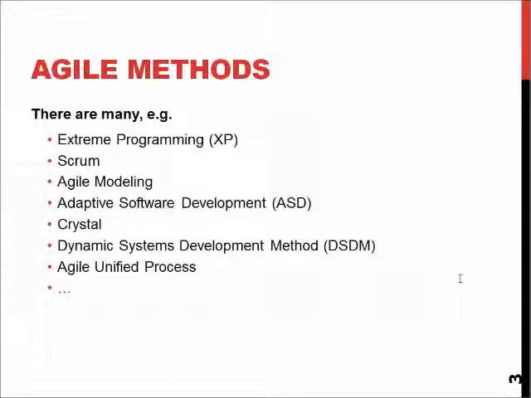Overall, the agile methods are methods that are constructed purely on agile thinking or agile practices. There are several of them. Extreme programming, which is one of the first better-known approaches, and Scrum, which is currently one of the most used approaches to software development, and several others.